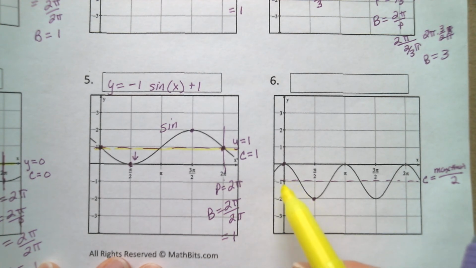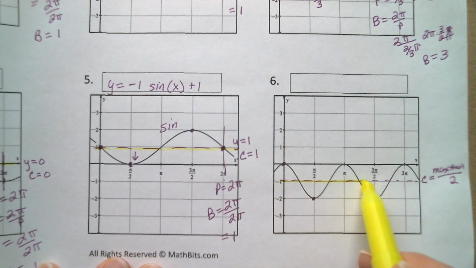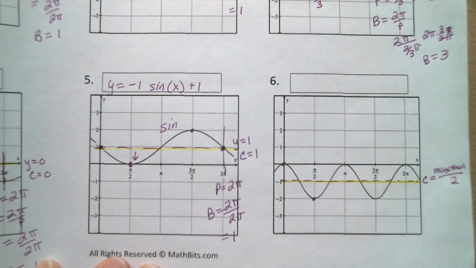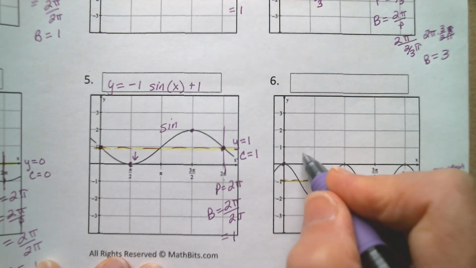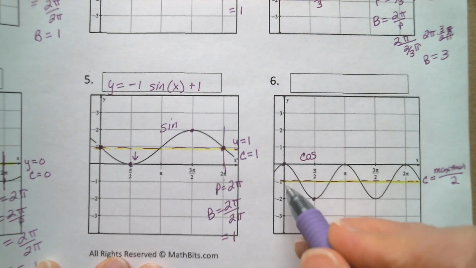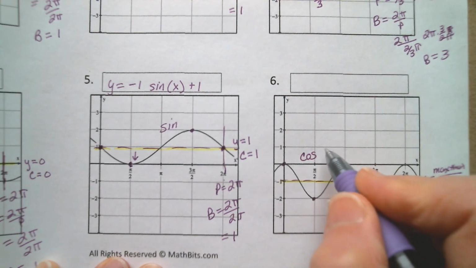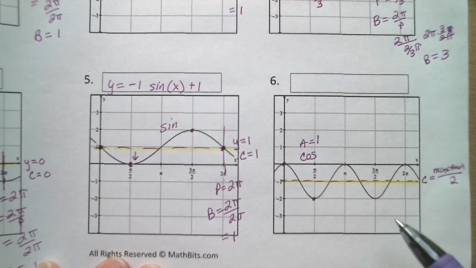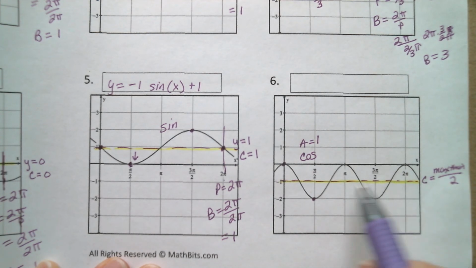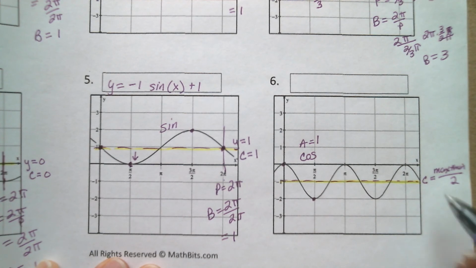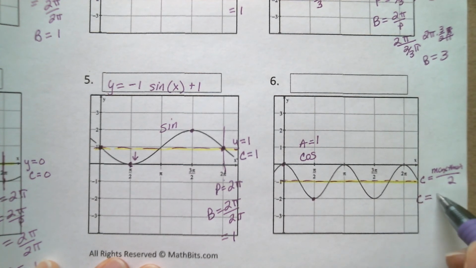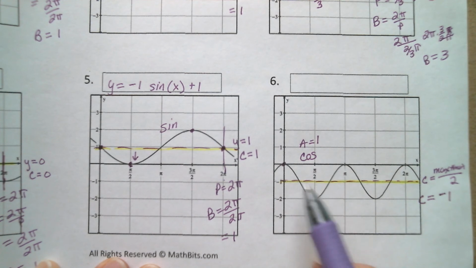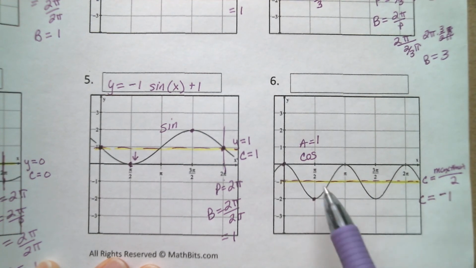This function starts off the midline, and it's actually starting 1 unit above the midline. So since it's starting off the midline, this is definitely a cosine function. It's starting 1 unit above, so our a value is positive 1. Oh, sorry, c here is negative 1. Our midline is y equals negative 1.